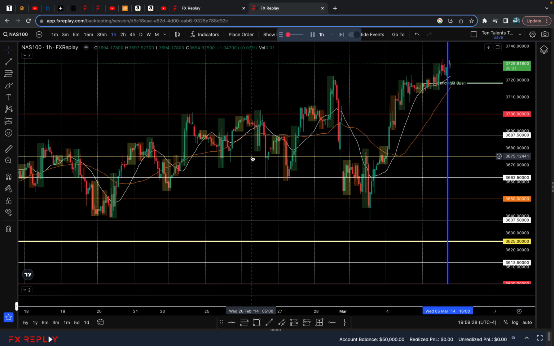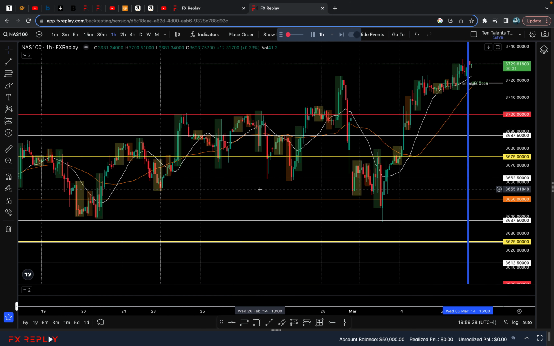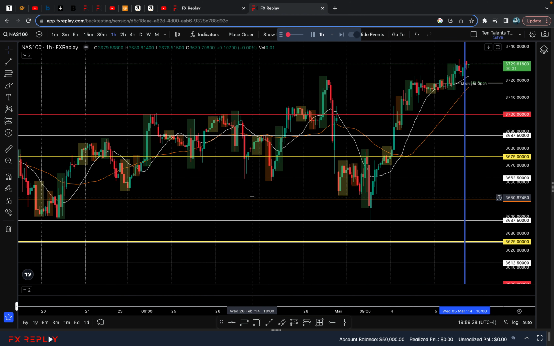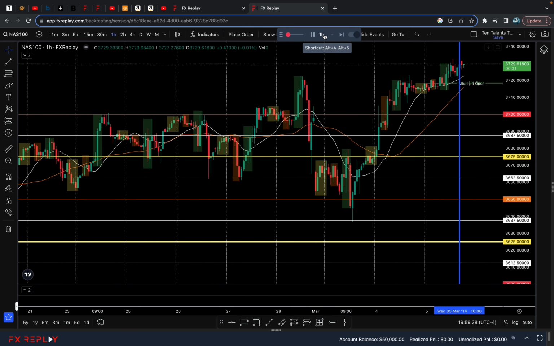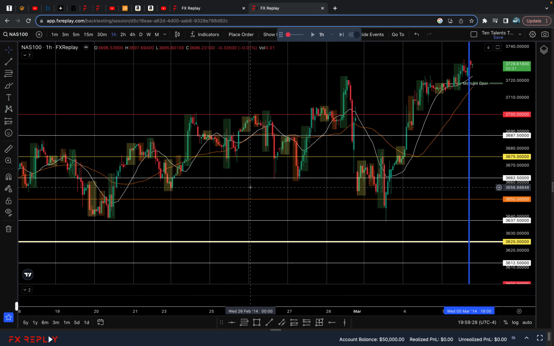But this is not to teach you trading strategies. I don't think it's worth trading before 9:30 just because of the lack of volume. I think 9:30 is the time to start looking for entries. For me personally, that's what I'm actually backtesting, trying to see what kind of entries I can get after 9:30.